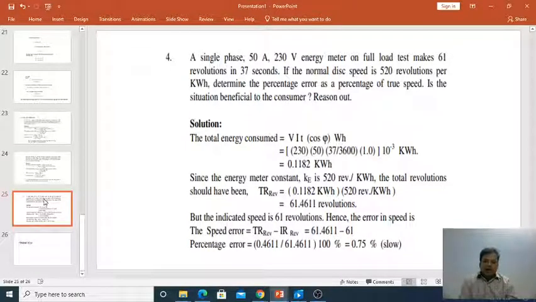But the indicated reading is 61 revolutions, and the speed error is the true revolutions minus the indicated revolutions, which is 61.4611 minus 61. Therefore the percentage error is 0.75%, that is, the meter is slow.